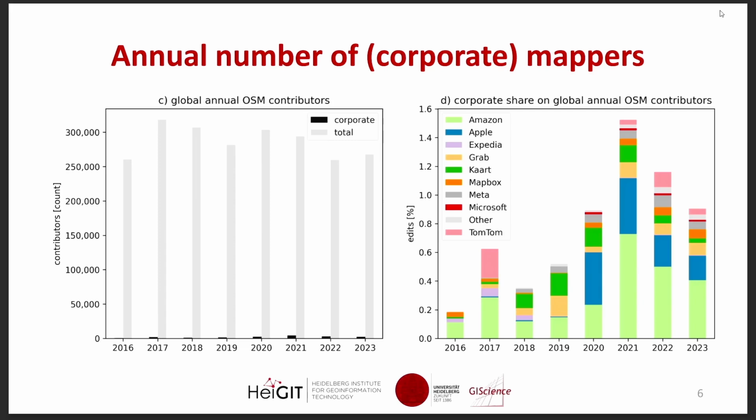For the 24 companies that we tracked, those are the biggest ones. We might have missed 1 or 2, but you can take this as a ballpark number: between 1 and 1.5% of the users in OSM are corporate mappers. But of course, their impact on mapping, if you count the edits, is much higher.